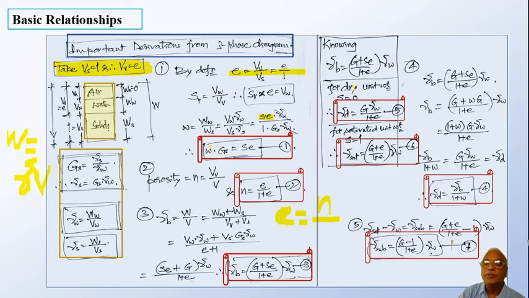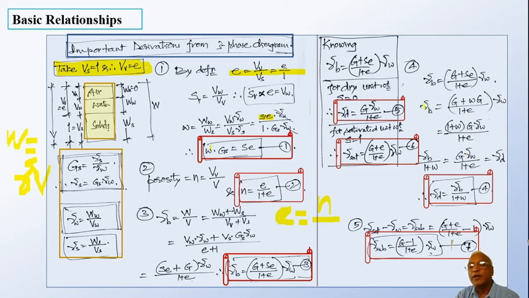Now, suppose if we put gamma b as this equation and introduce water content into that, S e equal to wG is there. From this and this we can take G outside, it becomes 1 plus w, and all other terms remaining the same.